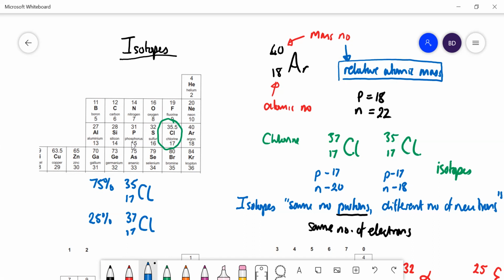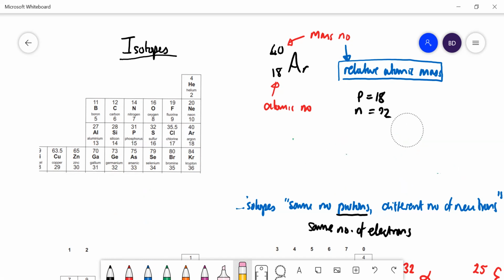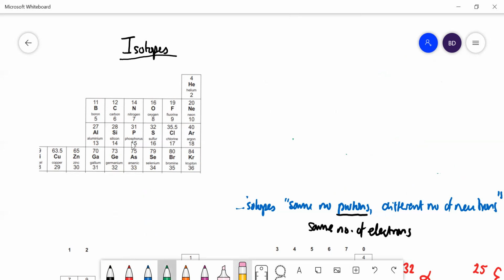Okay, right, let's just have a look at a couple of other things then. So I'll just rub this out. Let's have a look at copper. Here we've got copper, and you can see that's also got a fractional one. And copper, like chlorine, exists as two isotopes.